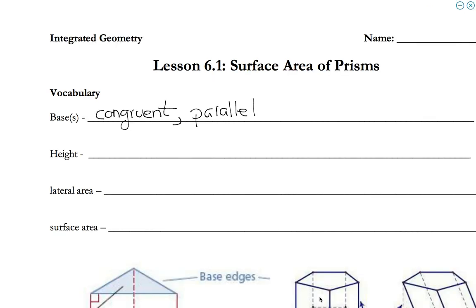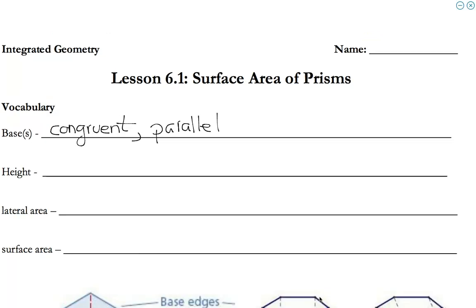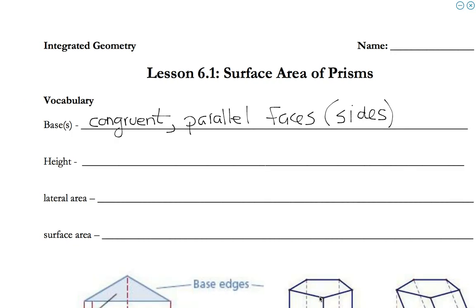We called them faces in Unit 5, but it's okay just to think of them as sides. Congruent, parallel, faces, or sides. We know the height is that distance between the bases.